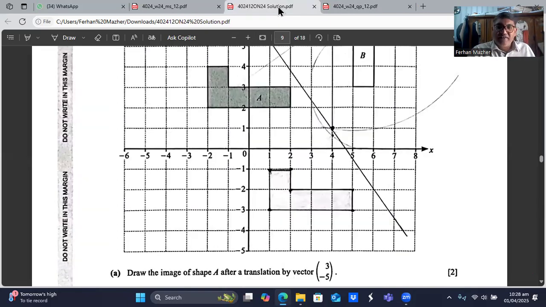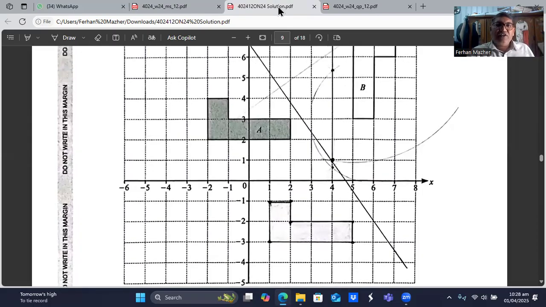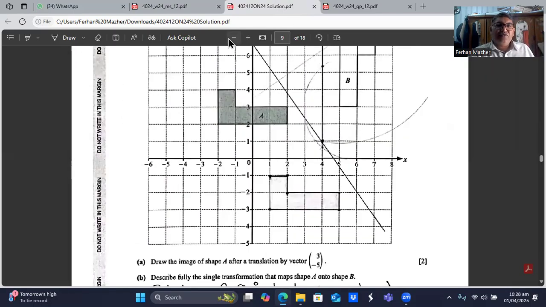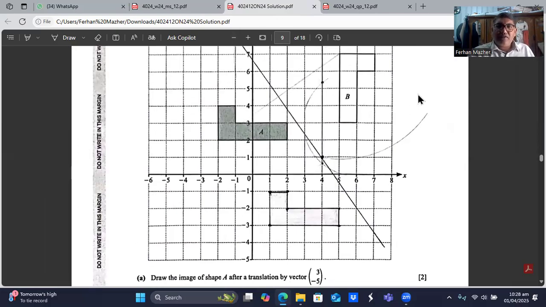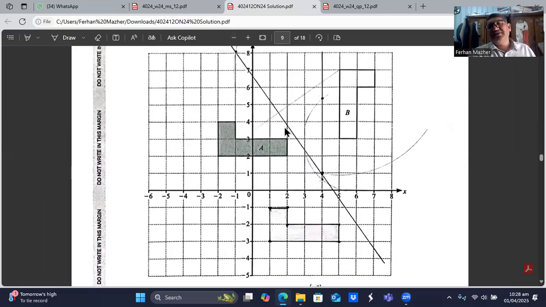So how do you find the center of rotation? Let me show you. I understood that this is a rotation. So what I will do, I will take 2 points, for example, the same points in the object and the image. For example, this point in the object, and here is the corresponding point in the image.